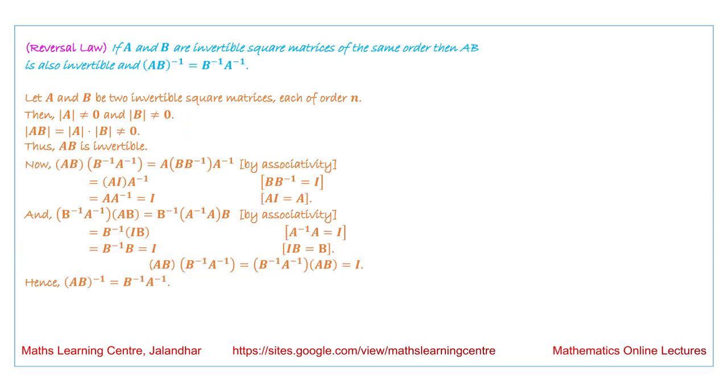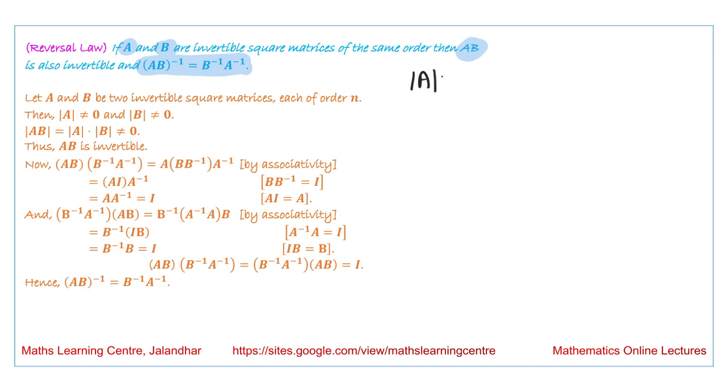Next is reversal law. So we are saying if A and B are two invertible square matrices of same order, then A into B is also invertible, and inverse of AB is equal to B inverse into A inverse. So what is given to us is that A and B both are invertible matrices.